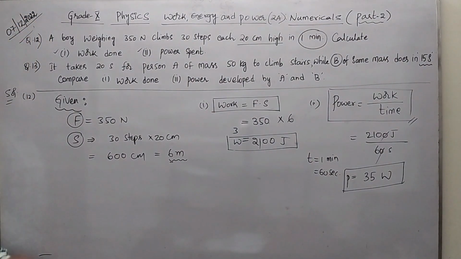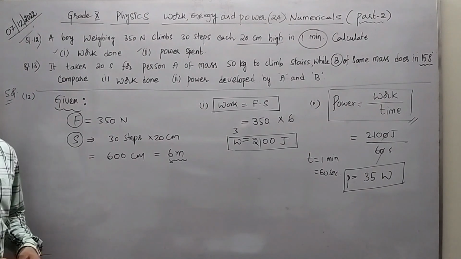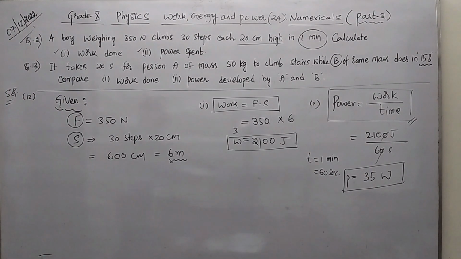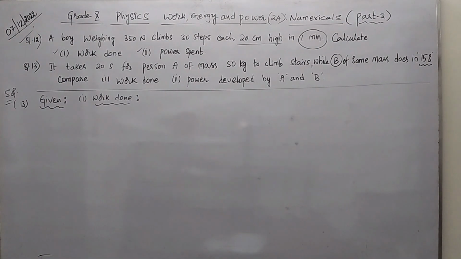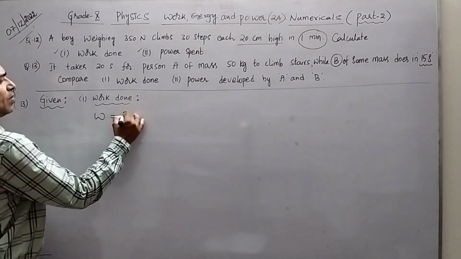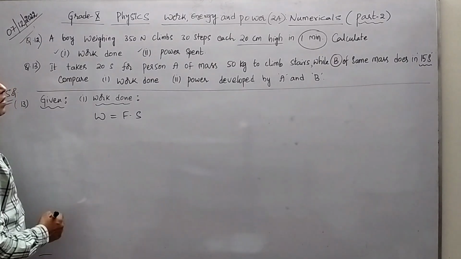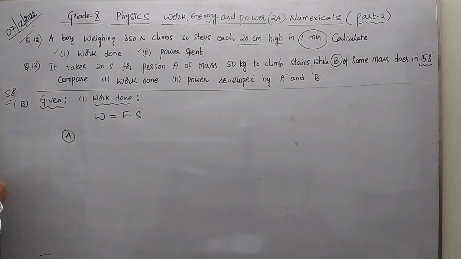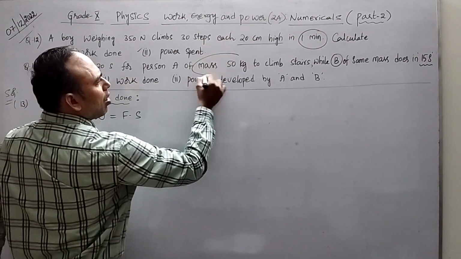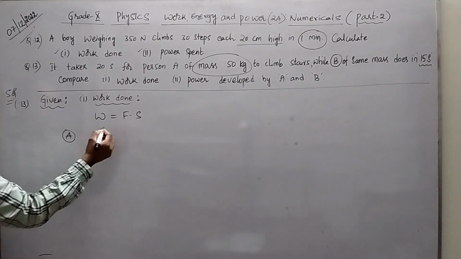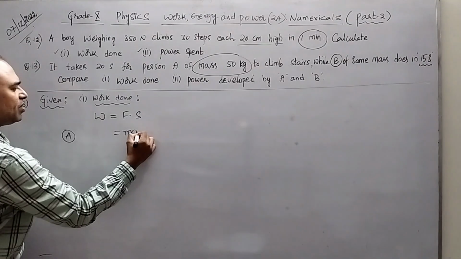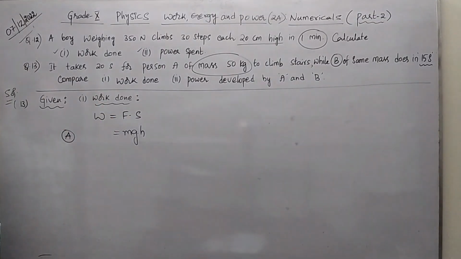Now try to solve question number 13 in less than 1 minute, then I will give you the solution. Hope you have completed. Now work done. You know, work is nothing but force into displacement. Now if you are taking person A of mass 50 kg, we can write it as m into g into h also, or displacement.